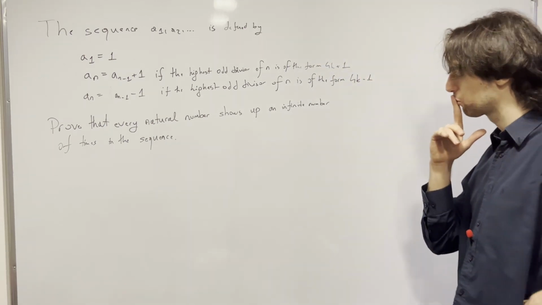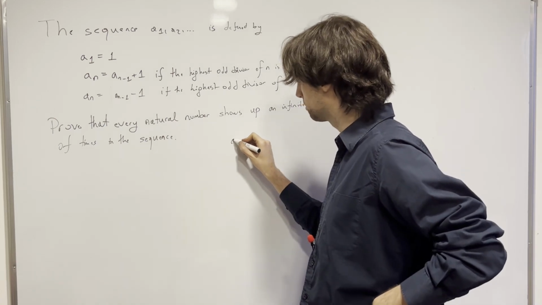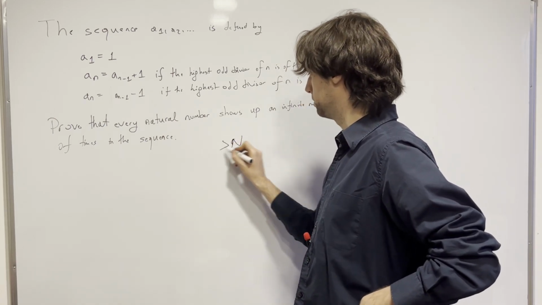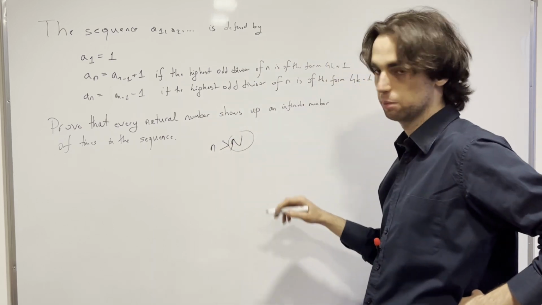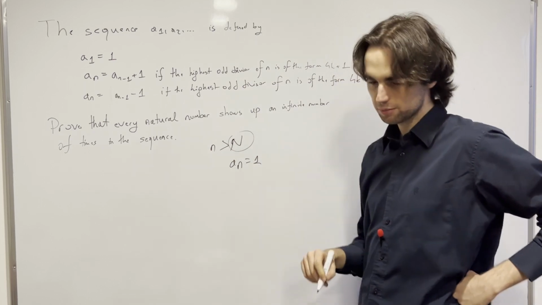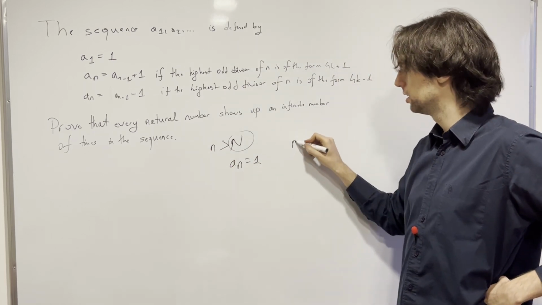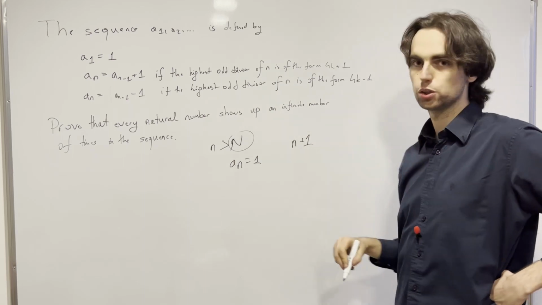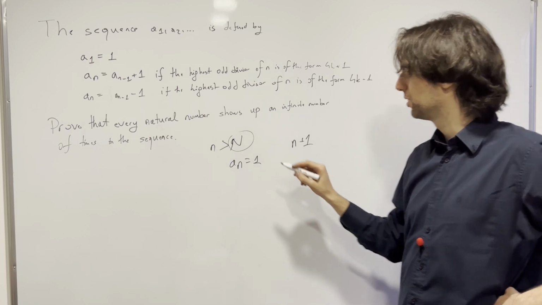And here's why. What this means is that for any capital N, there exists an n greater than N such that a_n is equal to 1. Now we know the number n plus 1 also shows up in the sequence.